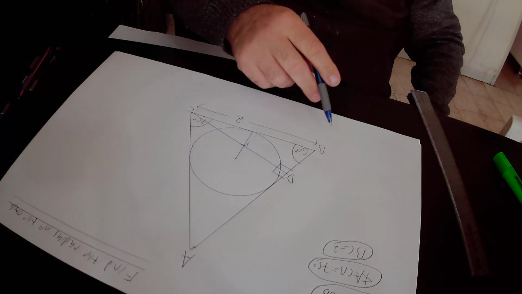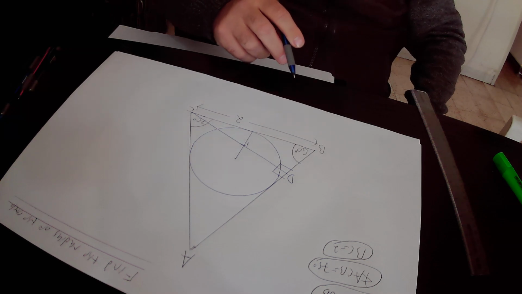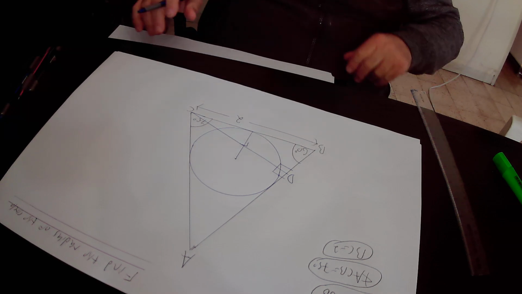By doing this construction, we created here the right triangle DBC. So I copy the right triangle DBC in a new page, and we analyze this right triangle DBC.